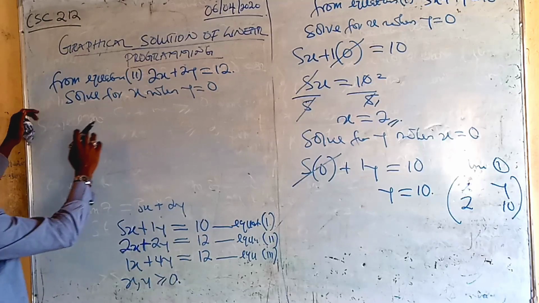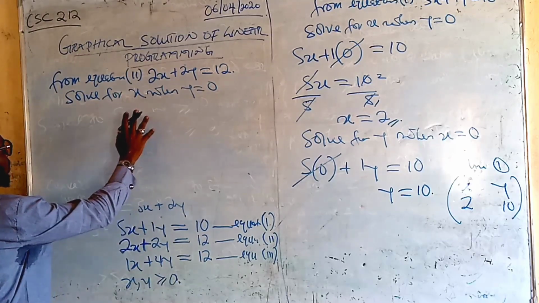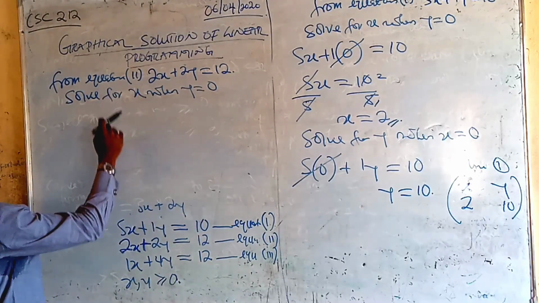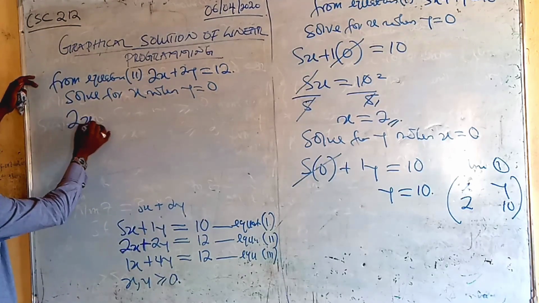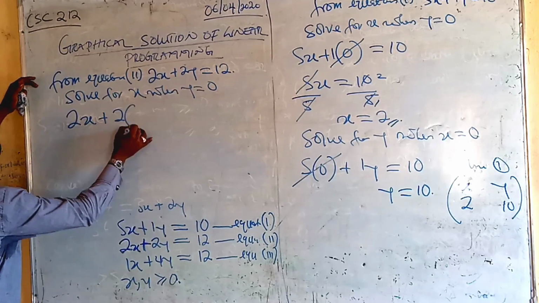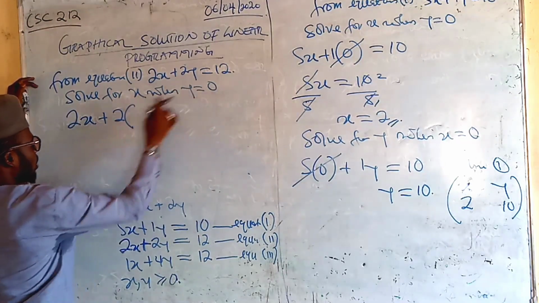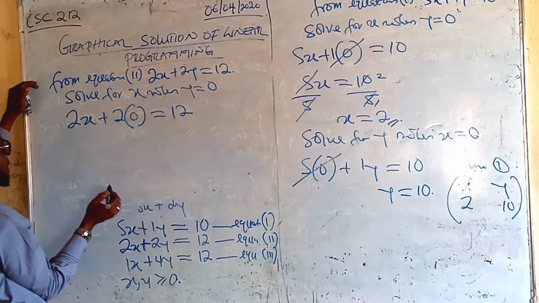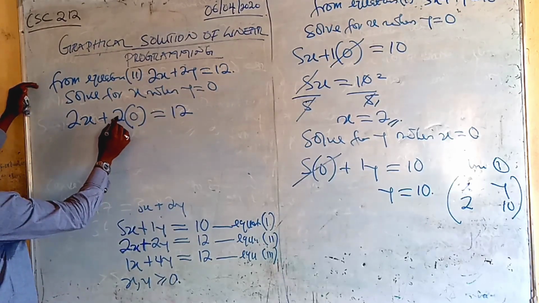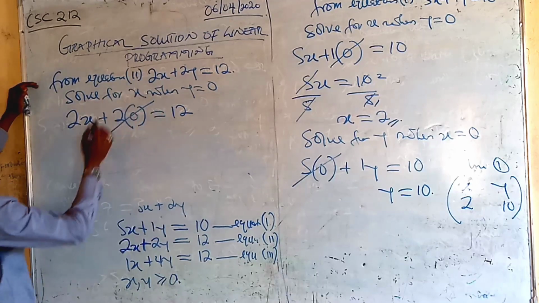Then we represent the value of y to be equal to 0 in equation 2. So 2x plus 2 times 0 is equal to 12.